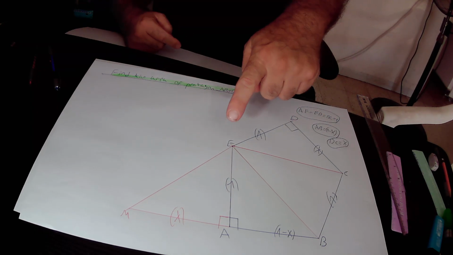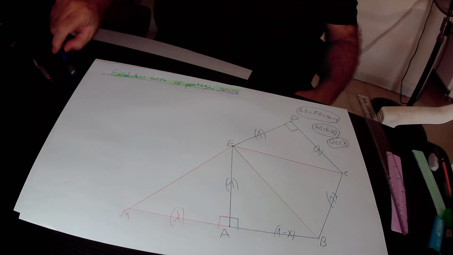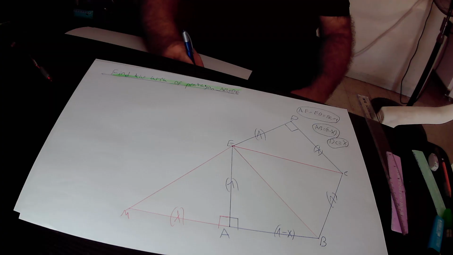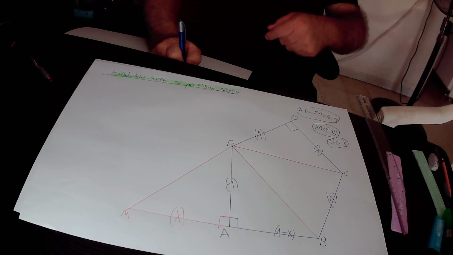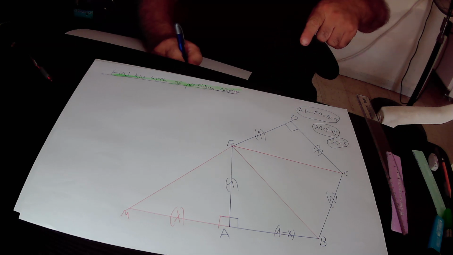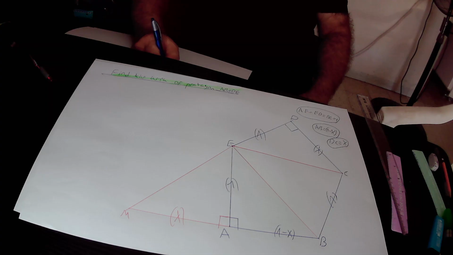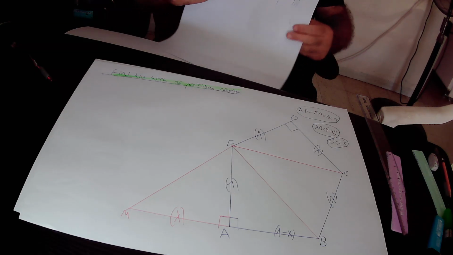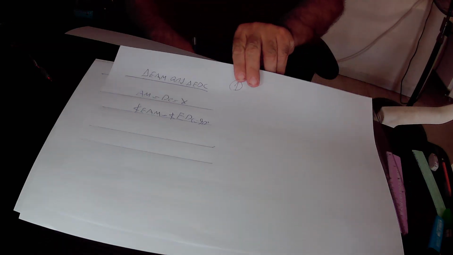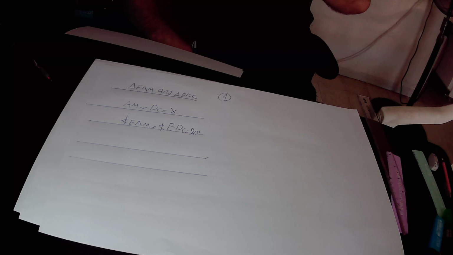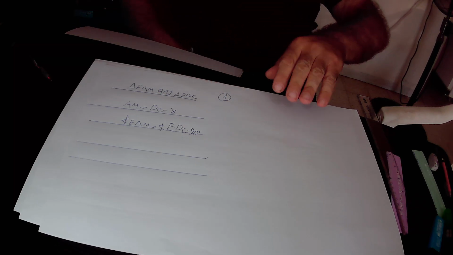Angle EAM in the right triangle EAM equals angle EDC in the right triangle EDC. They are both equal to 90 degrees and therefore they are equal to each other.